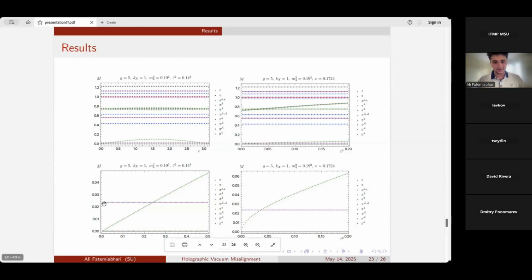So one can see here that we are able to choose some values for the coupling in such a way that the mass of the Higgs is fixed to some value, and the mass of this green state, which is the would-be W or Z boson, is increasing as the misalignment angle is increasing.